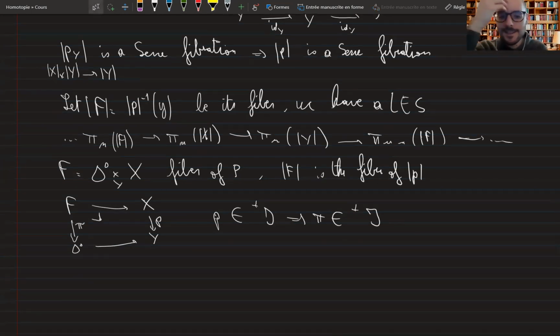Anyway, it's probably in the book of Goerss and Jardine at some page, but okay. I will get back to you on that. For now, let's focus on this proof. So in particular, pi has the right lifting property with respect to all inclusions.